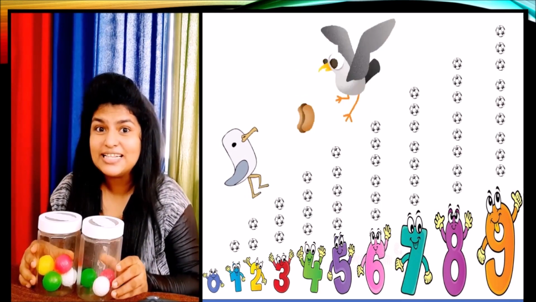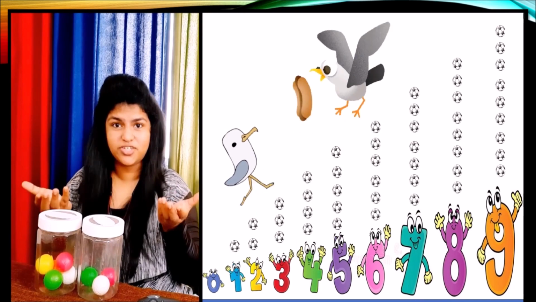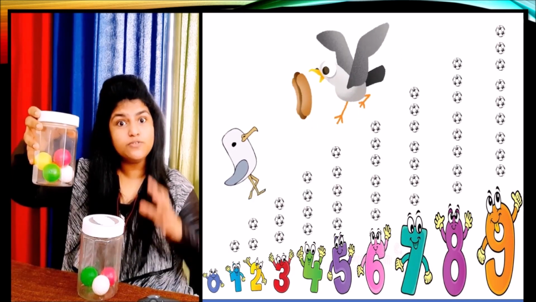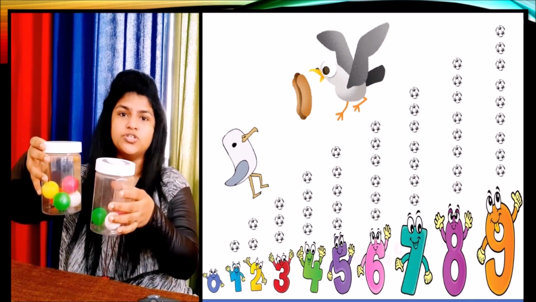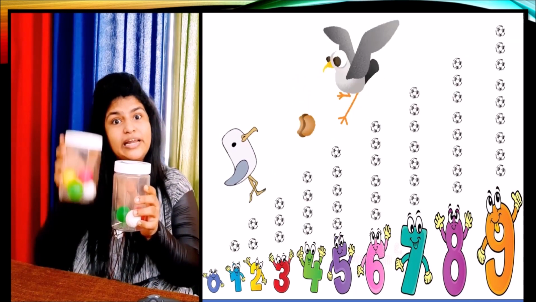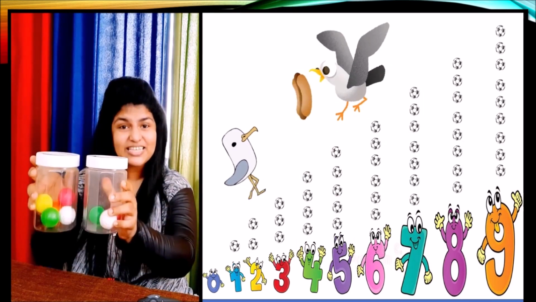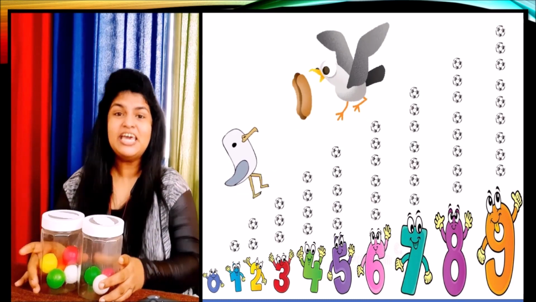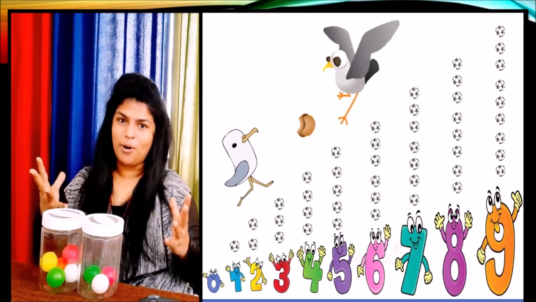Well, that tells us that the number shows the quantity. So if I say 5, it means 5 balls. If I say 3, just 3 balls. So which has more? 5 has more and 3 has less. And so, depending on the quantity, the number becomes big or small.